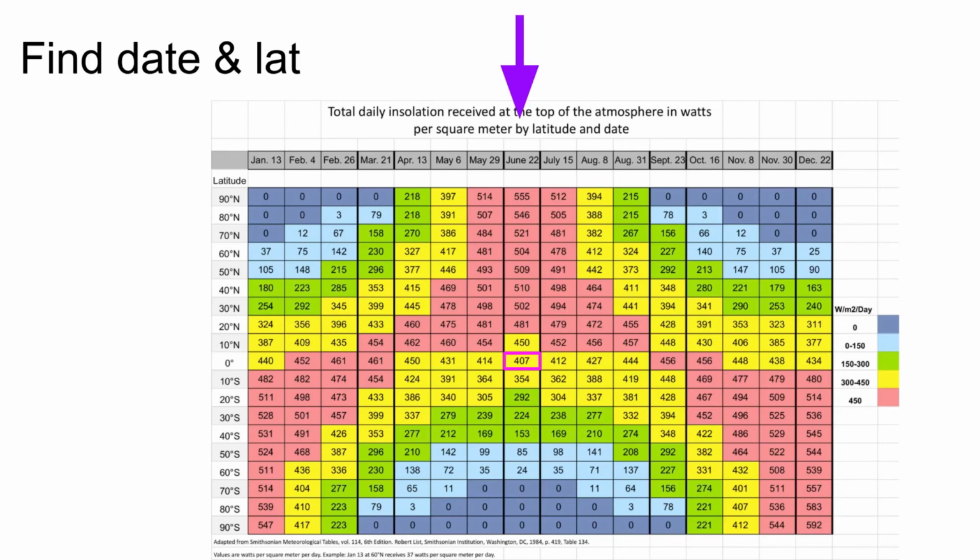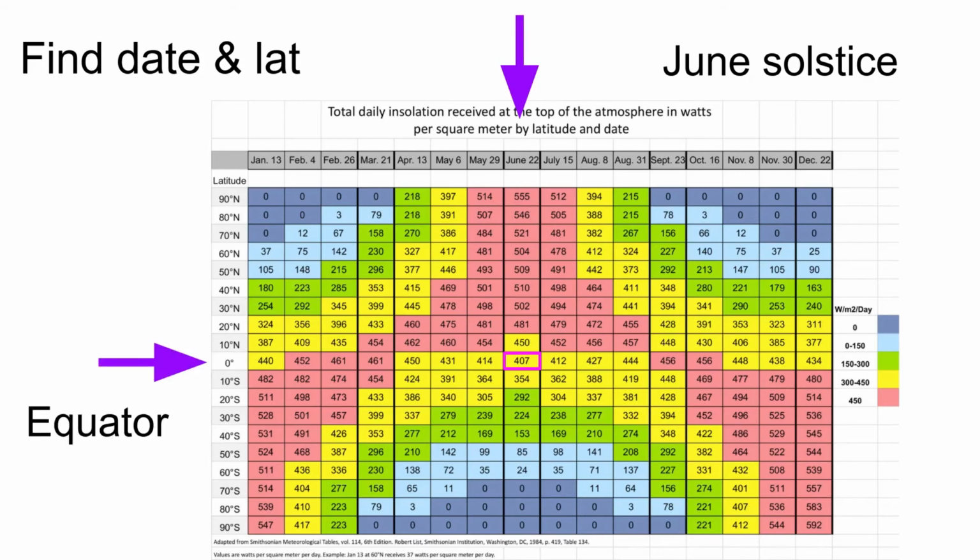And then if you find the date and the latitude, so let's go on the June solstice, and at the equator, the amount of energy received at the top of the atmosphere over the equator on the June solstice is 407 watts per square meter per day.